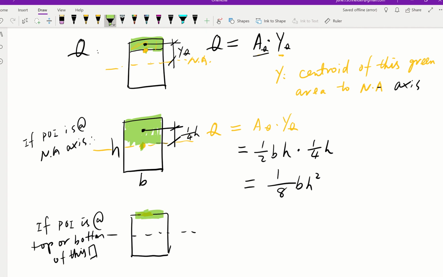You'll realize it's just a line. It's a single line. So in that situation, my area will be 0. Since it's a line, there's no area.